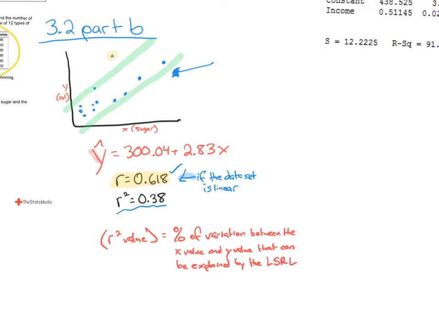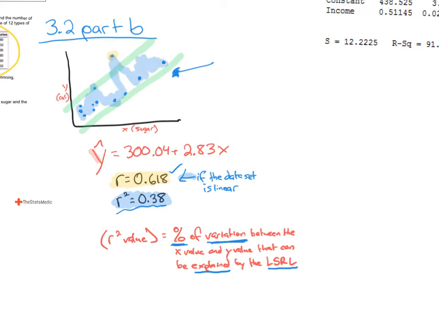All right, so let's do this. The percent or fraction of variation, that's a fancy way of saying spread between the x and y value, that can be explained using this least squares regression line, using the straight line data. So let's put that into terms here. 38% of the spread between all of these, right?